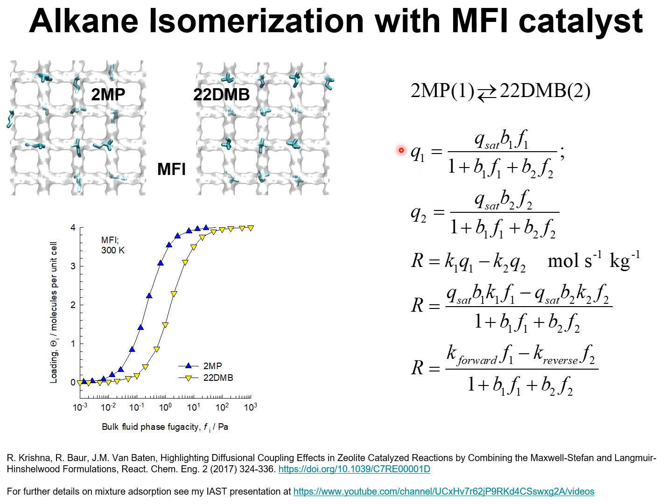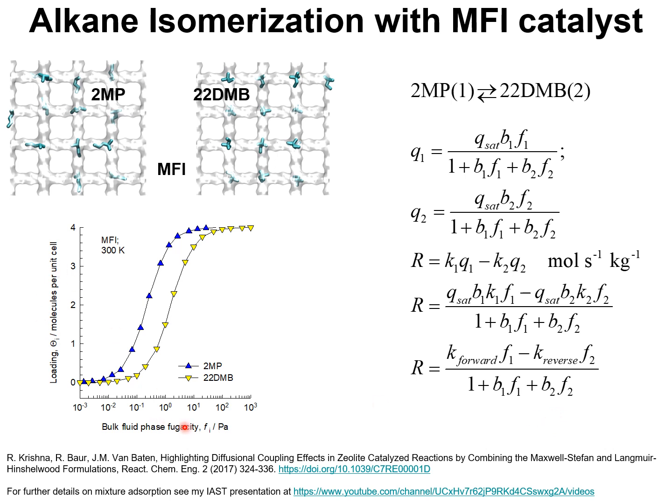By substituting the expressions for Q1 and Q2 in here, we derive this expression, from which we have K forward times F1 minus K reverse times F2 divided by this denominator term, which contains the binding strengths of component 1 and component 2.